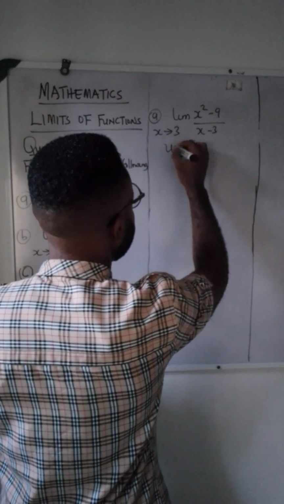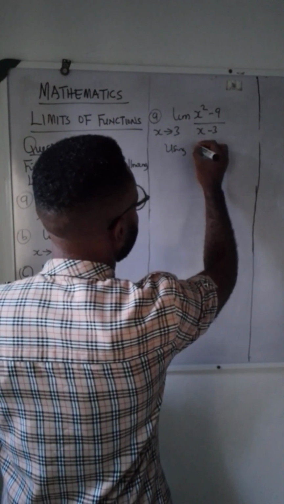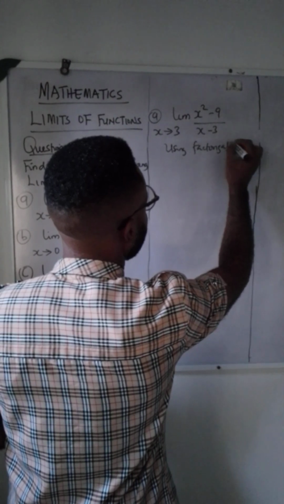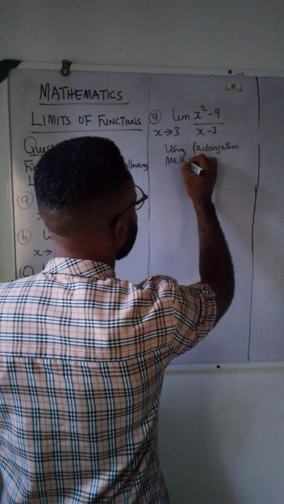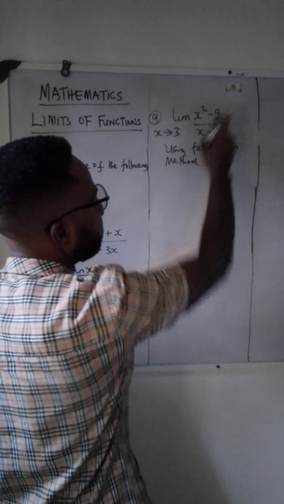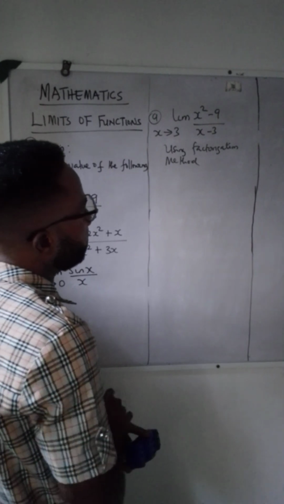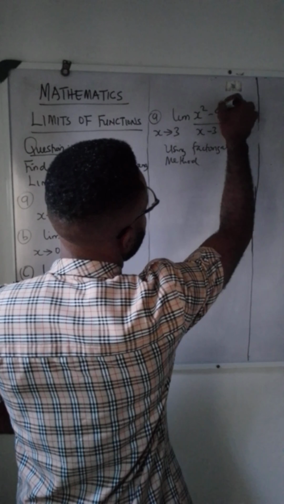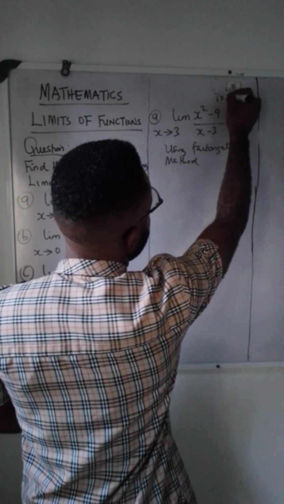So using the factorization method, this is the difference of two squares. You know that the factor of 9 here will be 3 and 3.